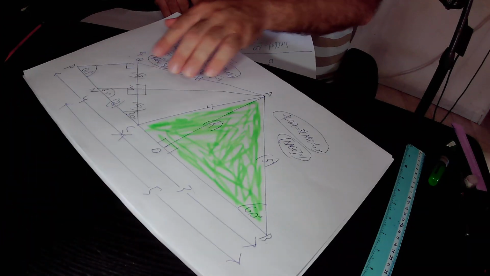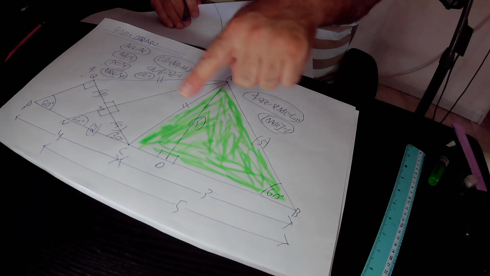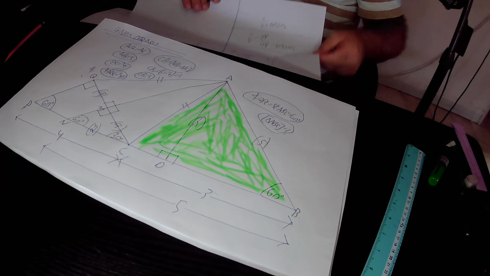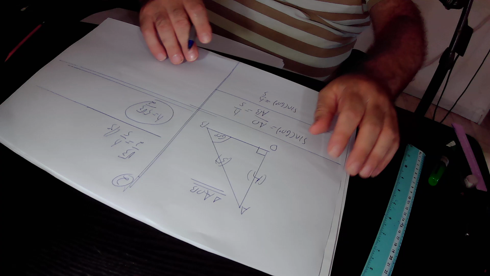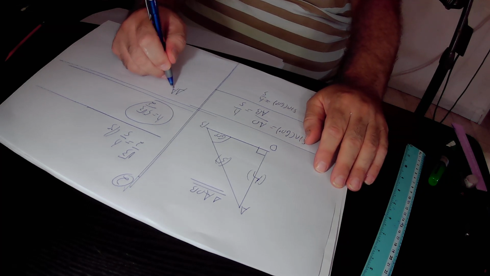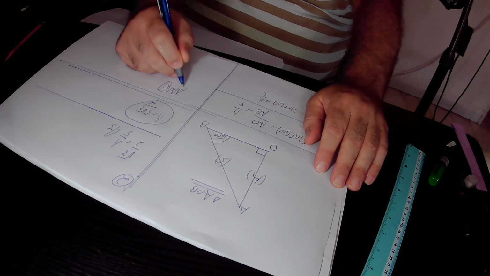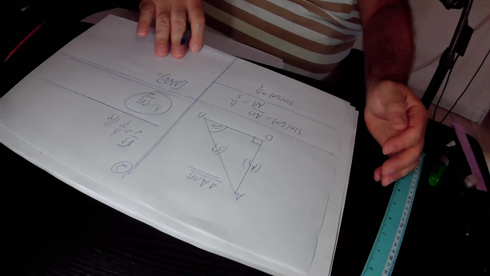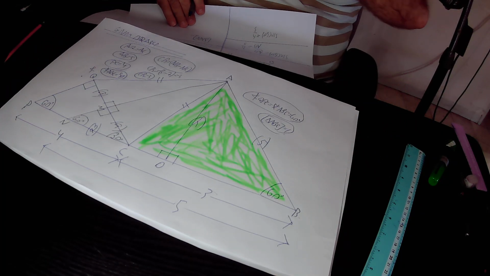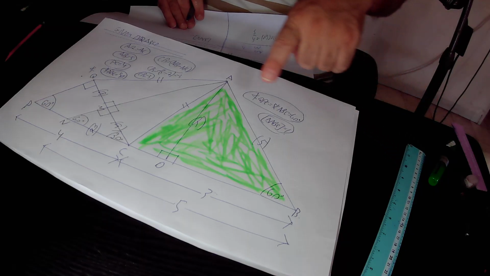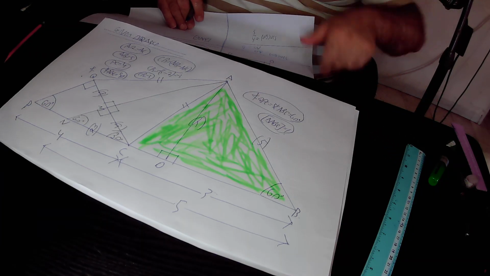Our task is to find the area of this green triangle, triangle ABC. The area of this green triangle ABC equals the base CB times the height H over 2. Let me write it down.